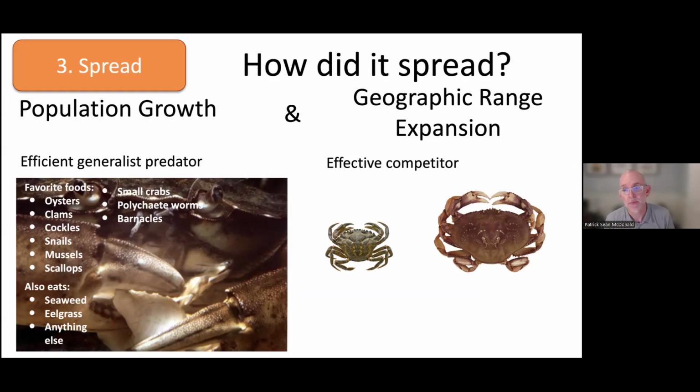So that's small Dungeness crab, like the juveniles, and our small native shore crabs. So they tend to have a size advantage on many of our native crabs in the habitats that they occupy.